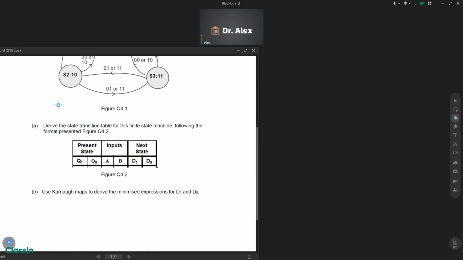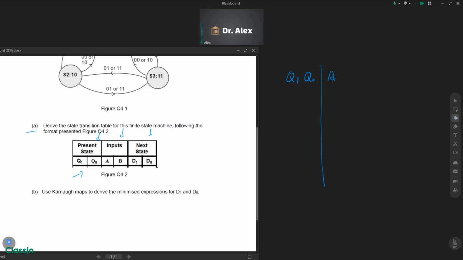The first question is to fill this table. This table has mainly three branches. The first one is the present state. The second is the inputs, and the third one is the next states. So we will write it like here. Q1 and Q0 mean the current or present states.